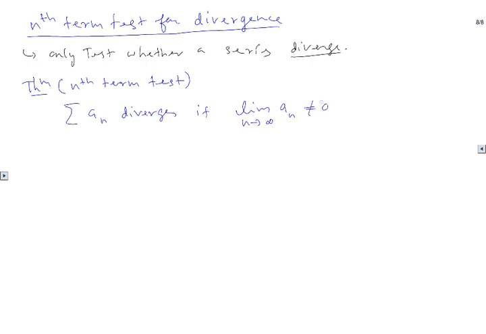That's it. That's the nth term test for divergence. So if the limit is not equal to 0, the series is going to diverge. But now the question is how this can happen.